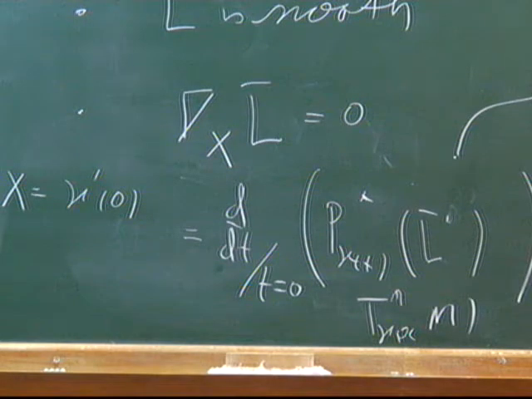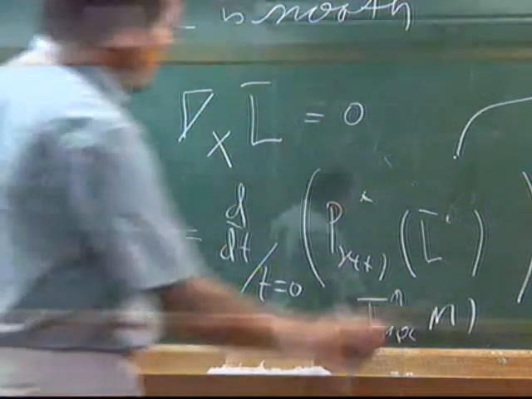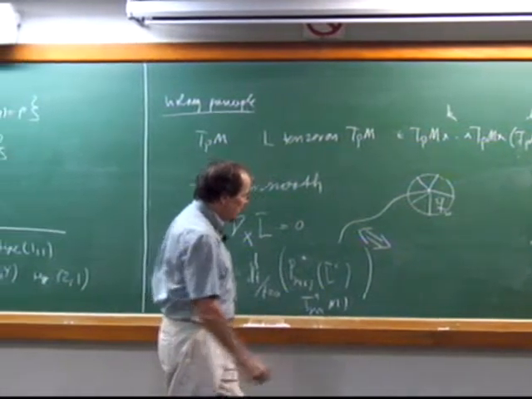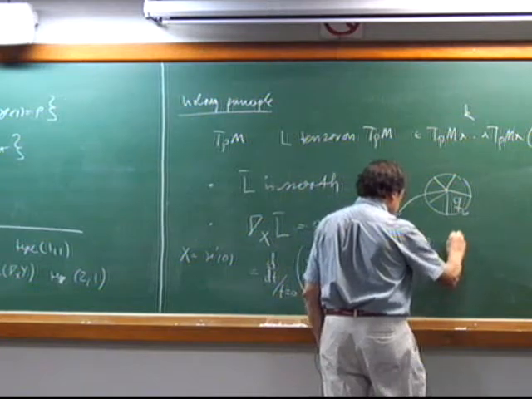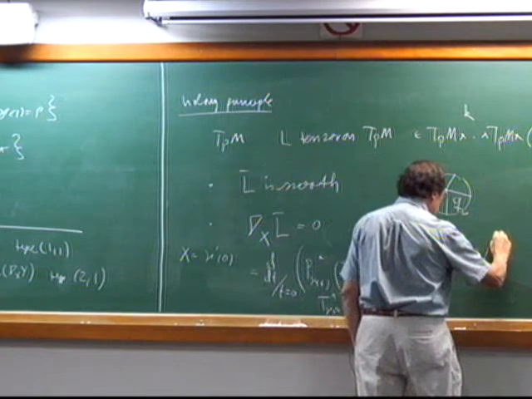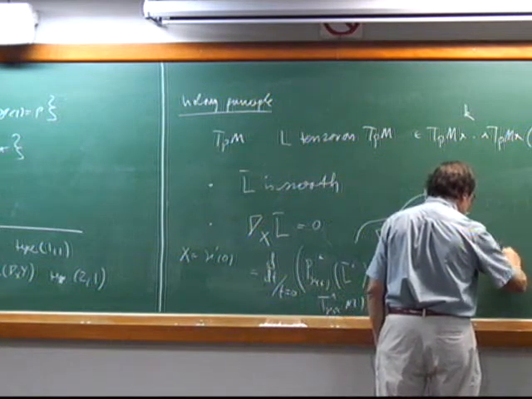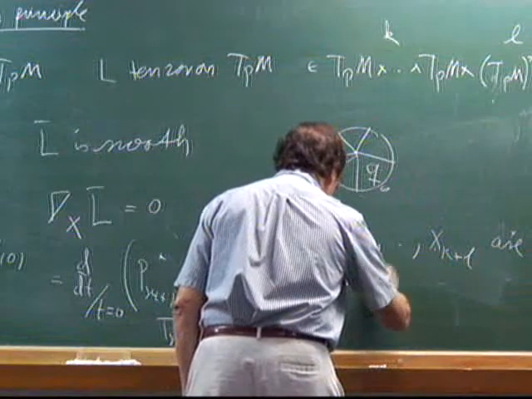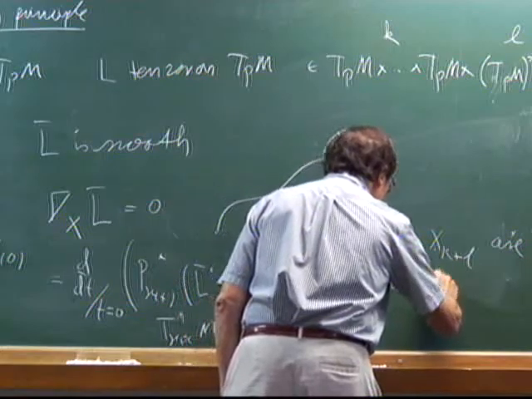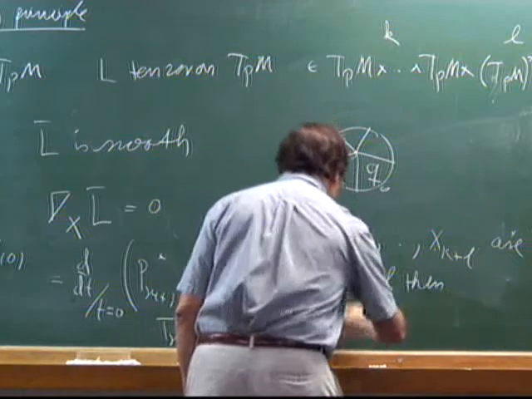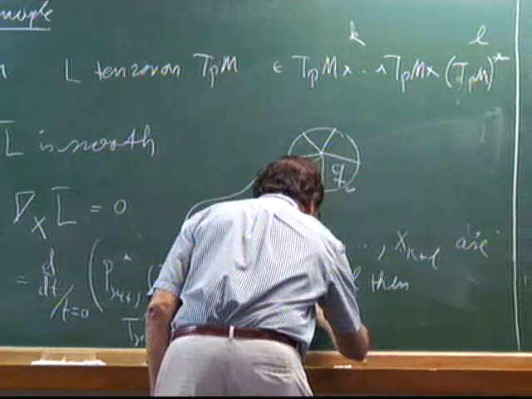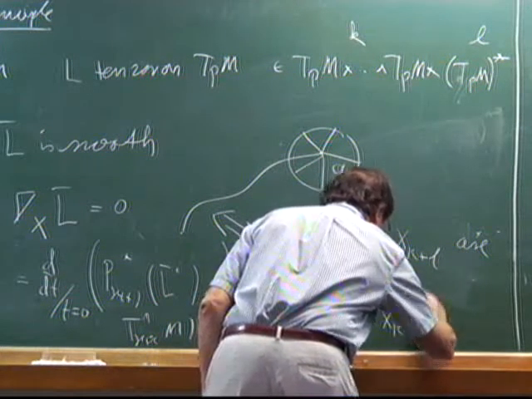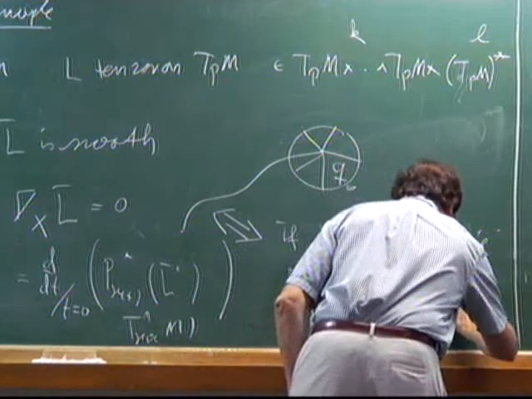By the way, to prove something is parallel, there's another equivalent way of viewing this, which is sometimes useful, namely if X1 up to Xk plus L are parallel, and applying that to the tensor is parallel or constant, right?